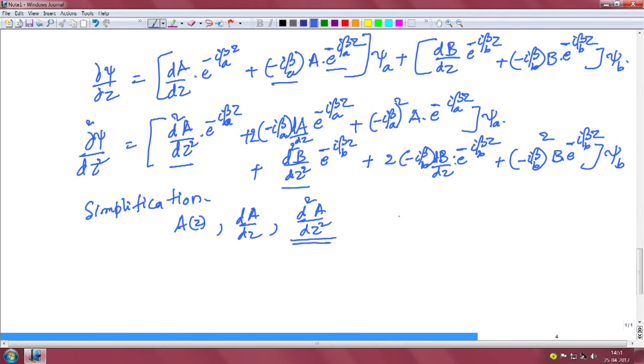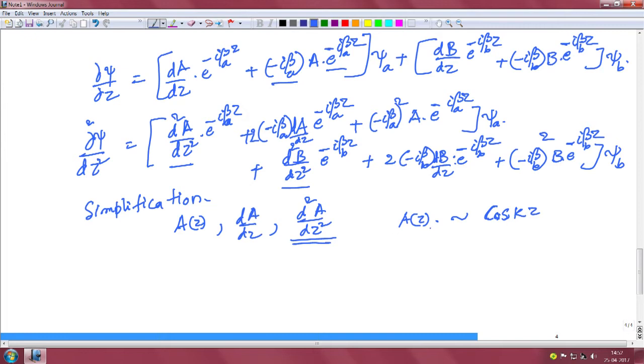For that purpose, let us consider some simple form for A of z. Let me say that A of z varies as cos kz. This is just as an example to test whether the second derivative can be neglected.